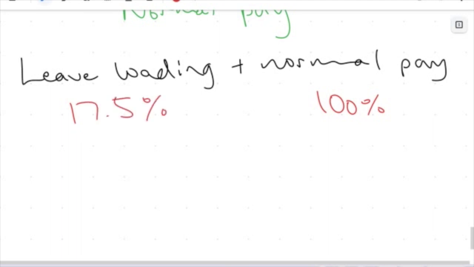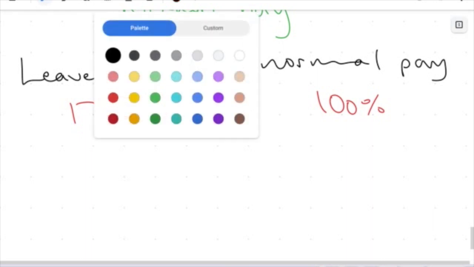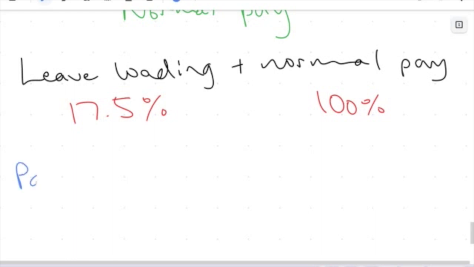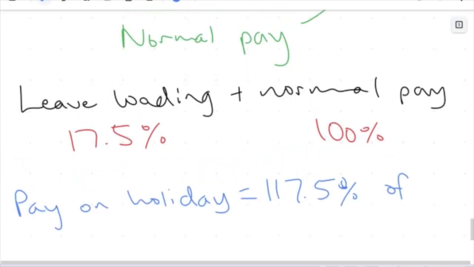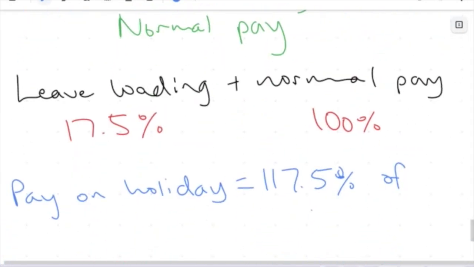So my pay while I'm on holiday is 117.5% of my normal pay of 4,595.